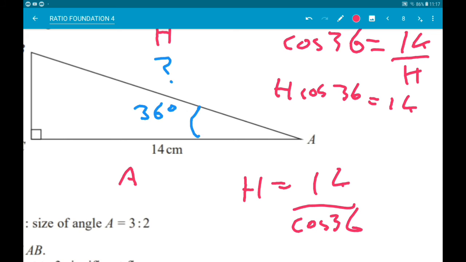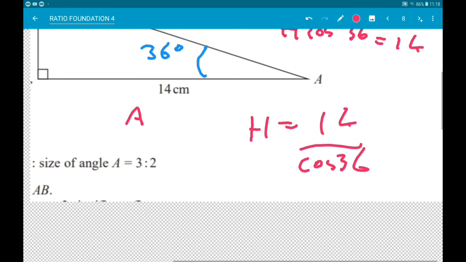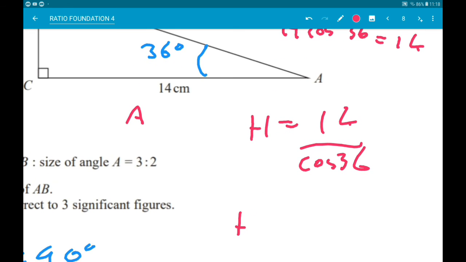At this point, we need our calculators. So, to 3 sig figs, we are going to get 17.3 centimetres.